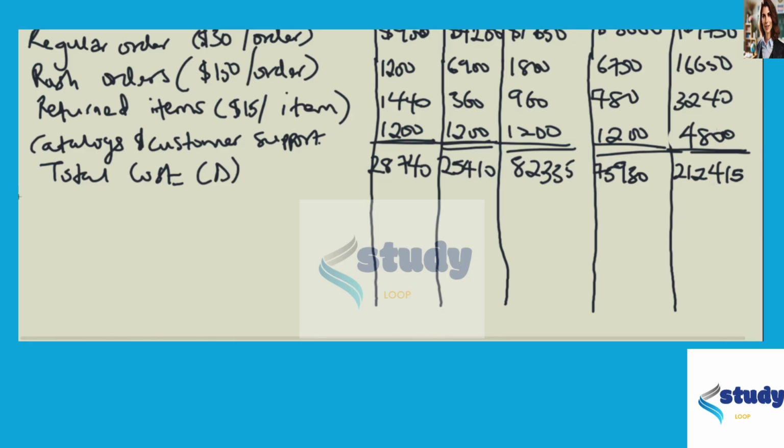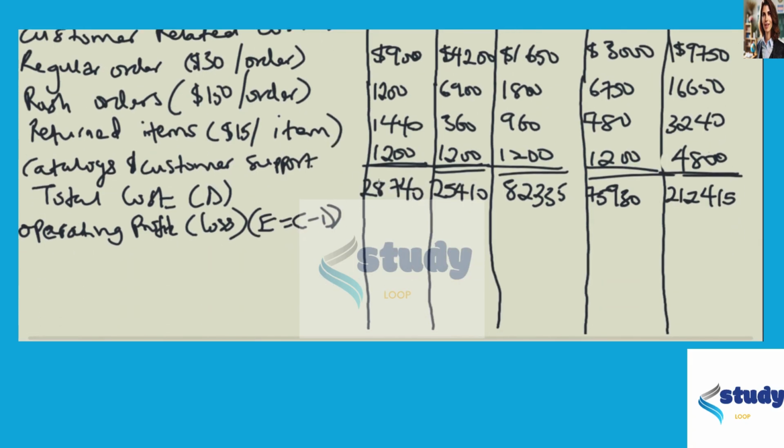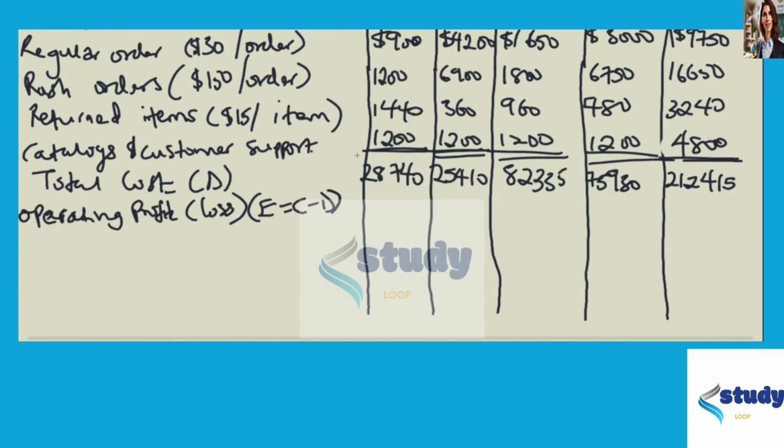Now, operating profit or loss. This is going to be E is equal to C minus D. So we're basically subtracting D from C, and remember that C is net sales. So net sales minus total cost will give the operating profit or loss.